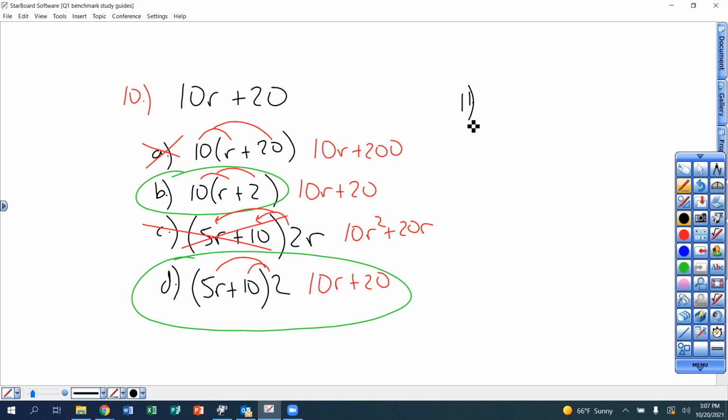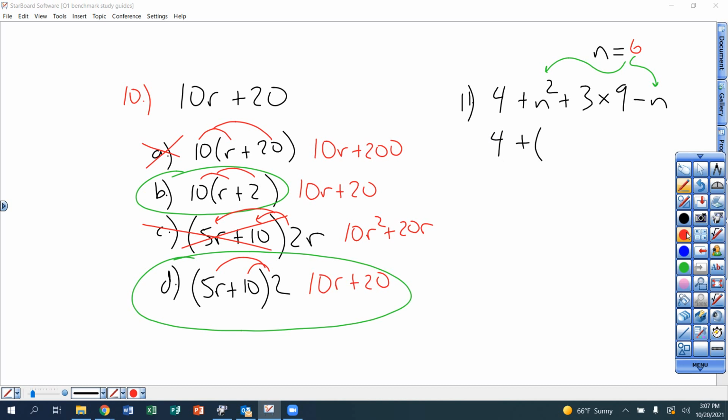This one gives you 4 plus n squared plus 3 times 9 minus n. I want you to plug in n equals 6, which means wherever there's an n, you're going to plug in 6. So I have 4 plus, and where that n used to be, I put a 6 to the 2nd power, plus 3 times 9 minus another 6.